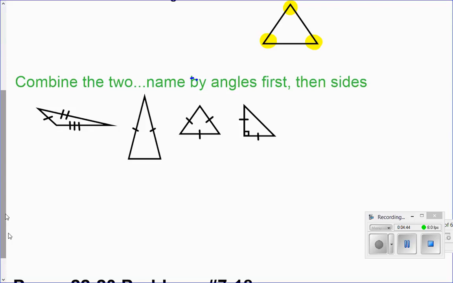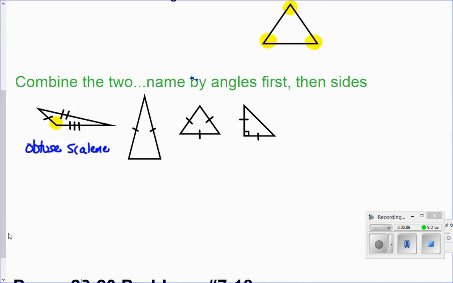I can see this angle, which is obtuse, and I can see all three sides have different lengths. Therefore, we would describe this as an obtuse scalene triangle, because of the all different side lengths and the obtuse angle.